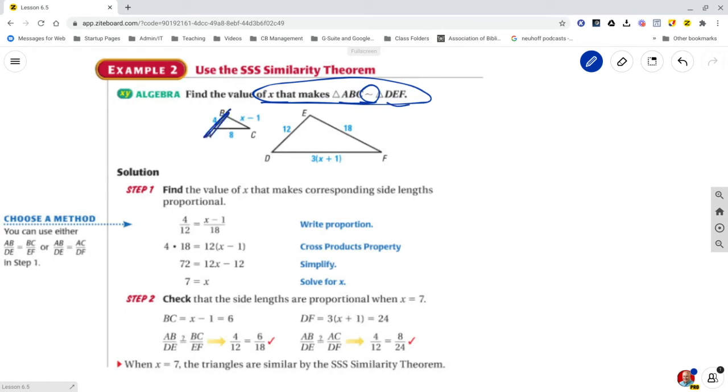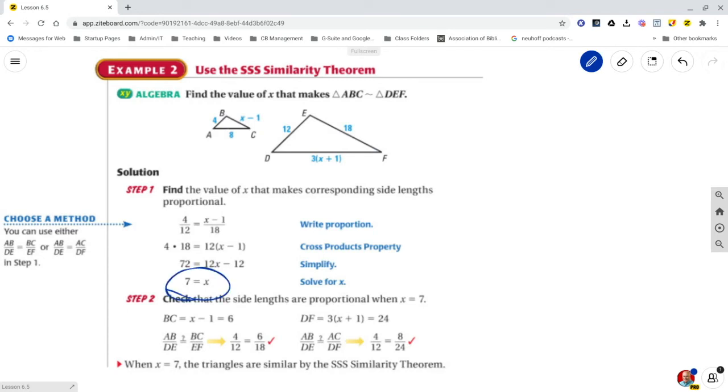The first thing we note is that those two sides are going to correspond to each other, and that's going to allow us to set up our initial ratio. And then we're going to take these next two sides, BC and EF, and finish out our equation. Now we've got an equation with one unknown x. We work down our algebra and we can solve and find that x equals 7.